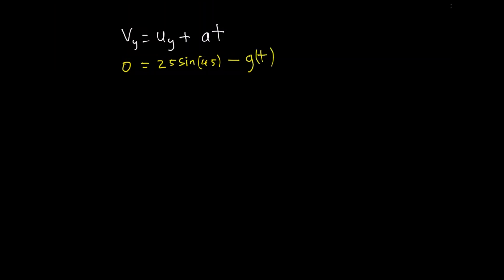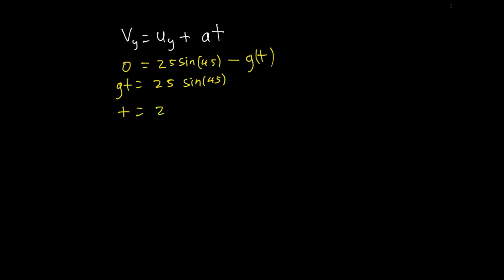And now we only have one unknown, so let's make time the subject of the formula. So gt is equal to 25 sine 45.